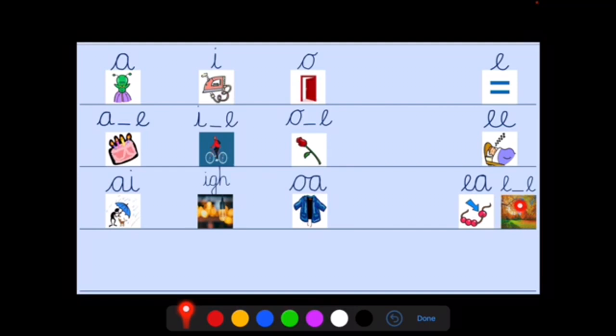And we also looked at the fact that E consonant E isn't used very often. When we've introduced U, those choices will go there.